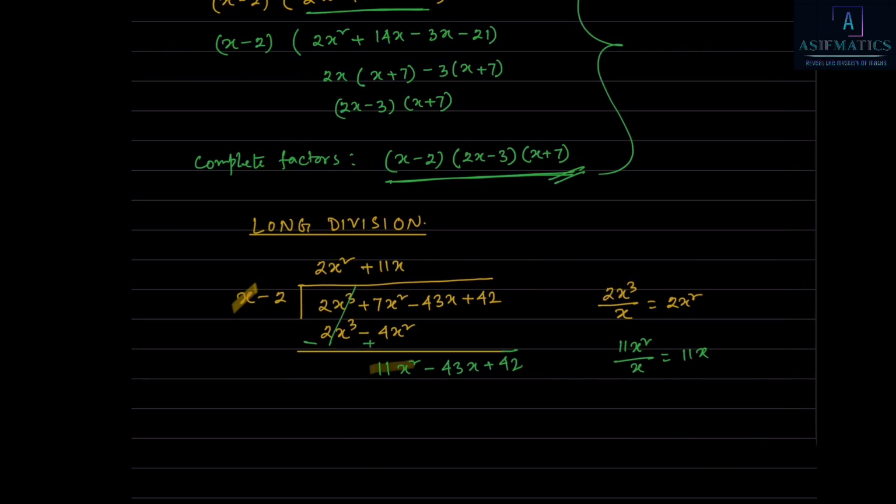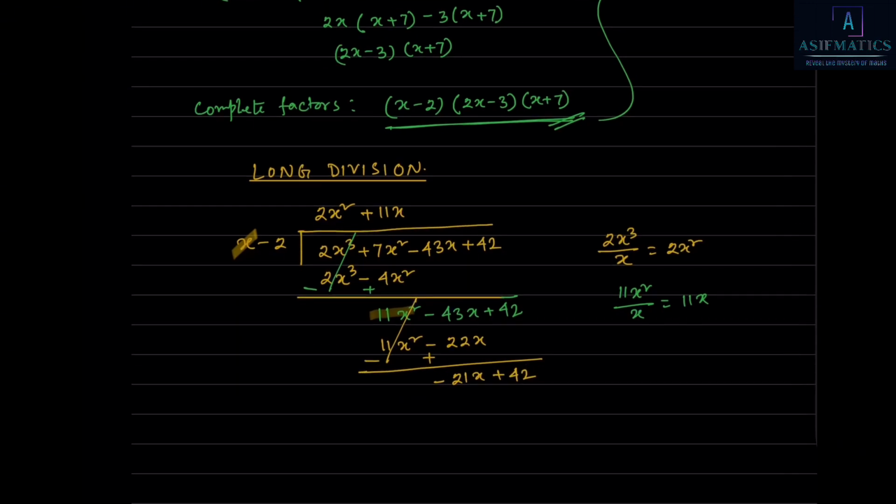Multiply this with the whole divisor, we get 11x square minus 22x, then change the sign, this is out. We get minus 43, 22, so that will be minus 21x plus 42.